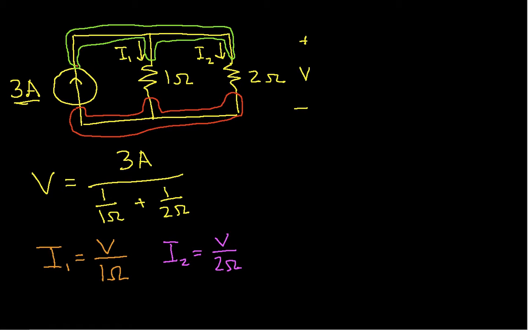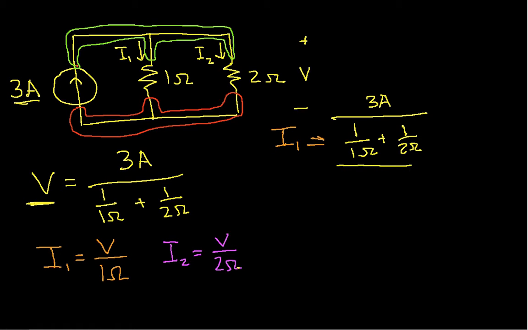And we can use the fact that we've solved for V. We now have an expression for I1 and I2 to figure out what they are. So let's start with I1. We have I1 is V, which in this case is 3 amps over 1 over 1 ohm plus 1 over 2 ohms, and this whole thing is divided by our 1 ohm.